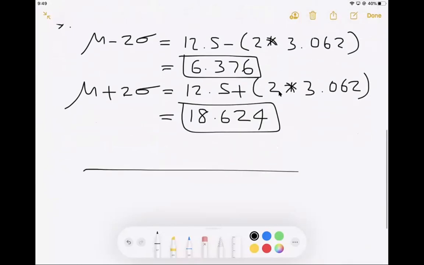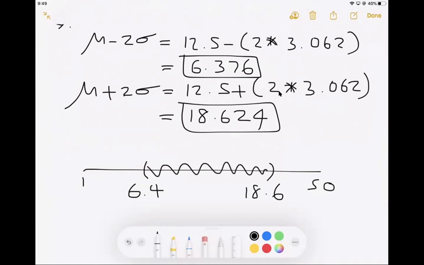So that means we have 50 questions, like 1 to 50. Then the boundary values are 6.4 and 18.6. If you have any value in between these two, we can say it is a usual thing, usual to guess. But here it says the passing grade is 60%.